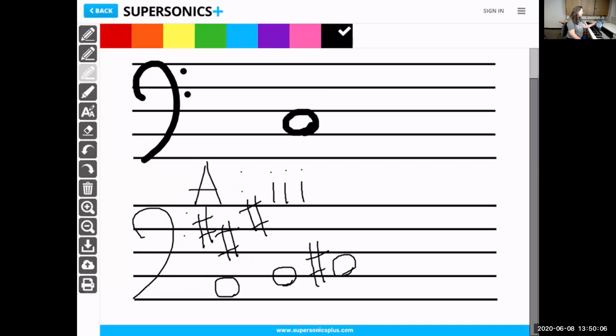I'm going to build a snowman on the C sharp. And then I'm going to come back and look at my key signature. Do I have an F in the chord? No. Do I have a G in the chord? Yes. So that G up here also needs to be made sharp. And now I have my C sharp minor chord.